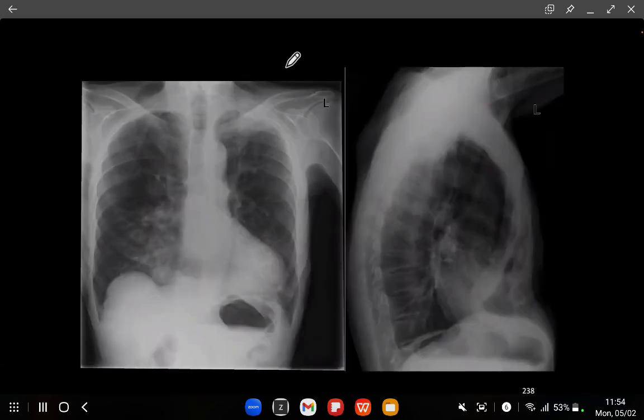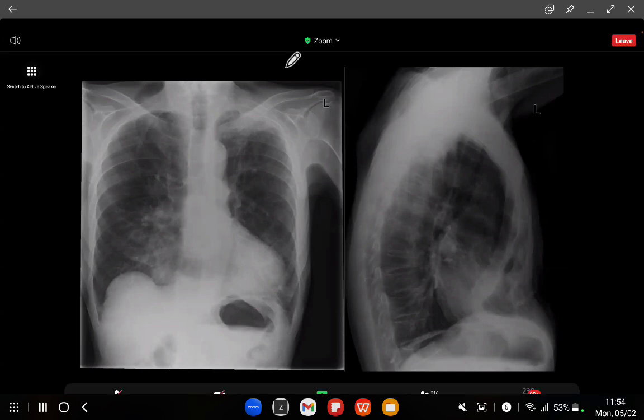Okay, this patient's got a cough. What do you think? Pectus excavatum, brilliant. Anything else? Yeah, there's a Pancoast tumor in the left upper lobe.